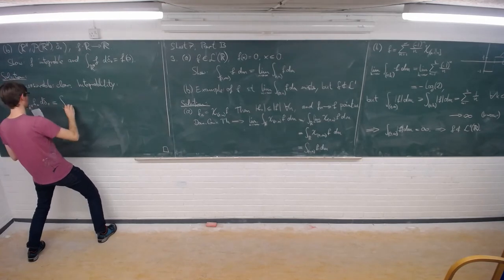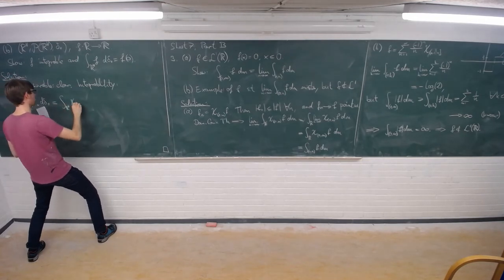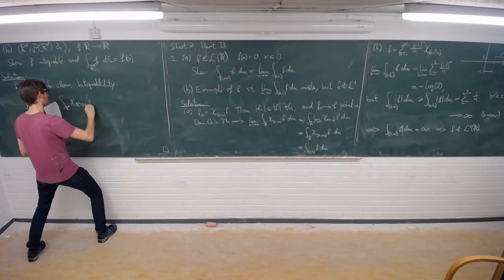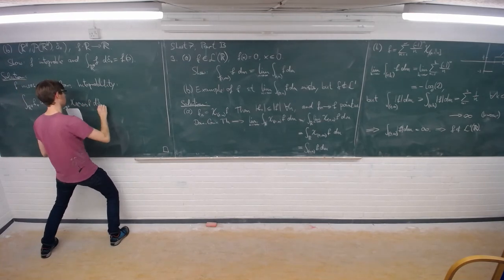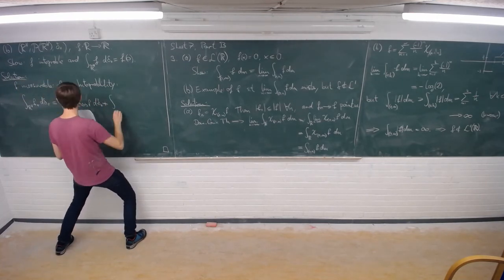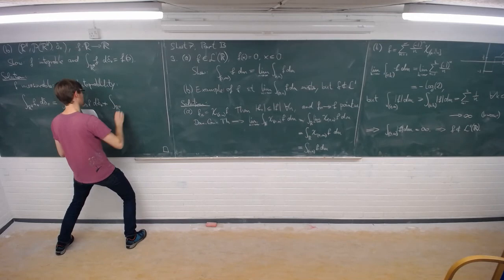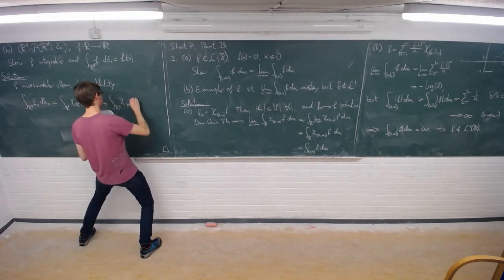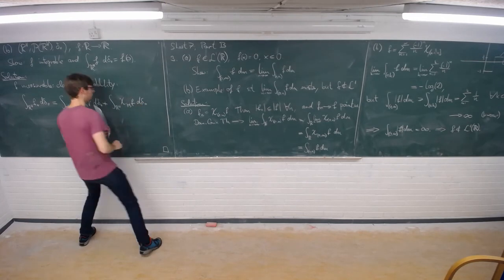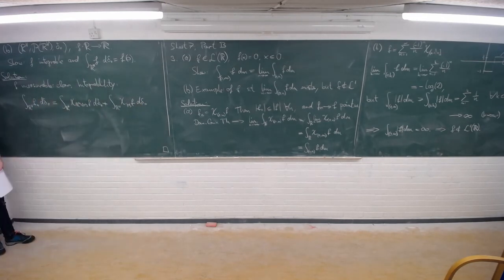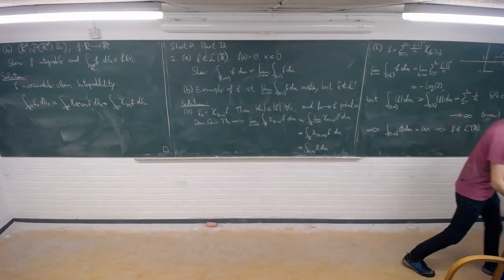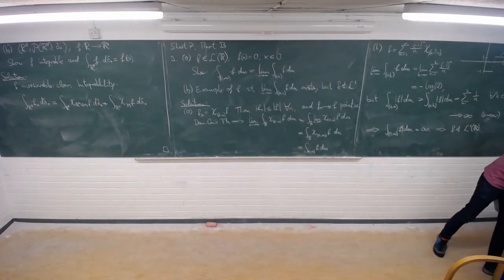This is the same as the integral over Rn of the characteristic function of Rn minus 0 times f plus d delta naught, plus the integral over Rn of the characteristic function of 0 times f plus. Okay, so just decompose f into basically its value at 0 and everything else.